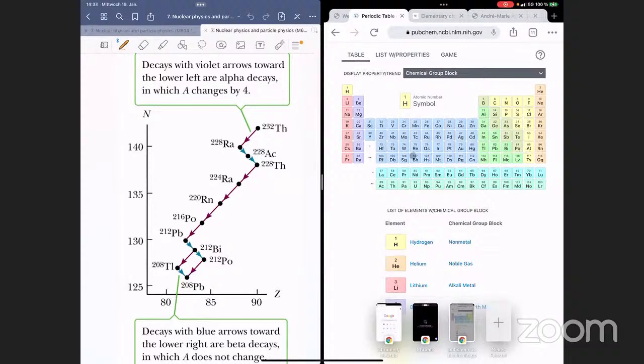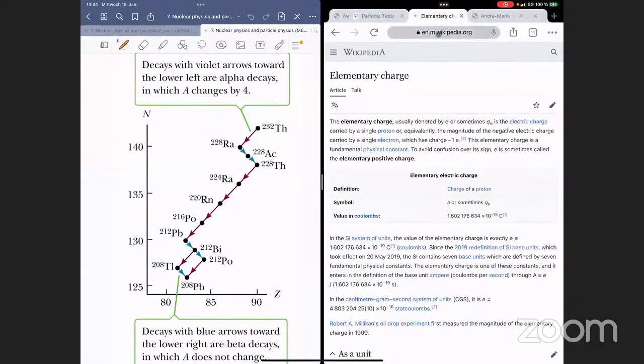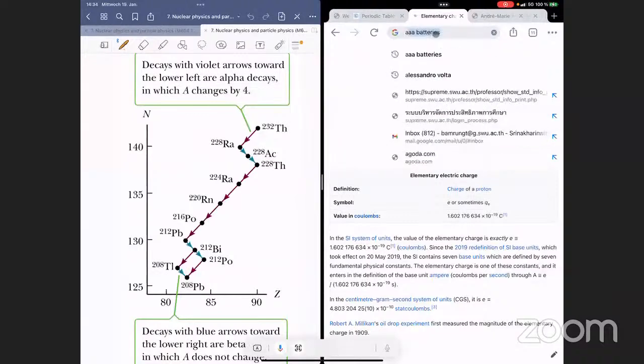Where is AC? Actinium, AC 228. Otherwise, I'm going to look right here to not lose some time.